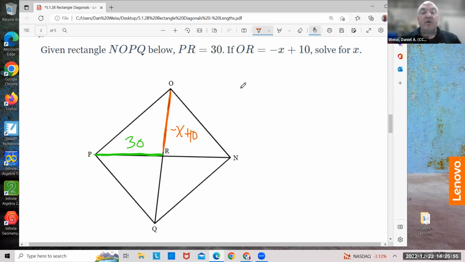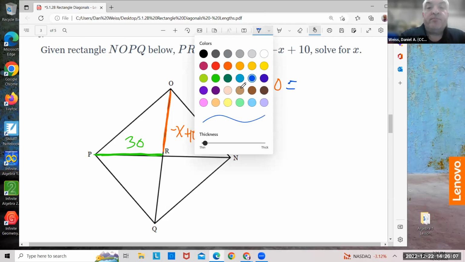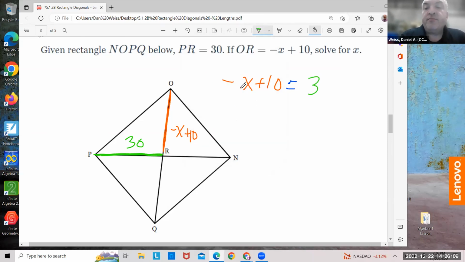Negative x plus 10. Okay. So negative x plus 10 equals 30. We do both sides. We're going to minus 10, right?